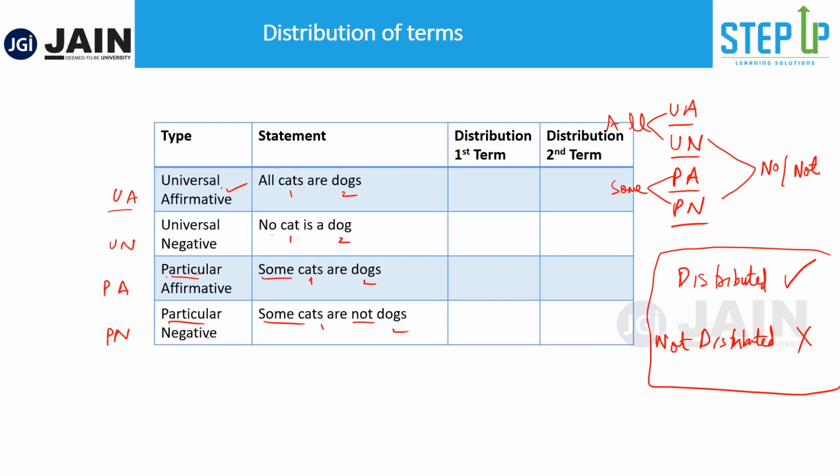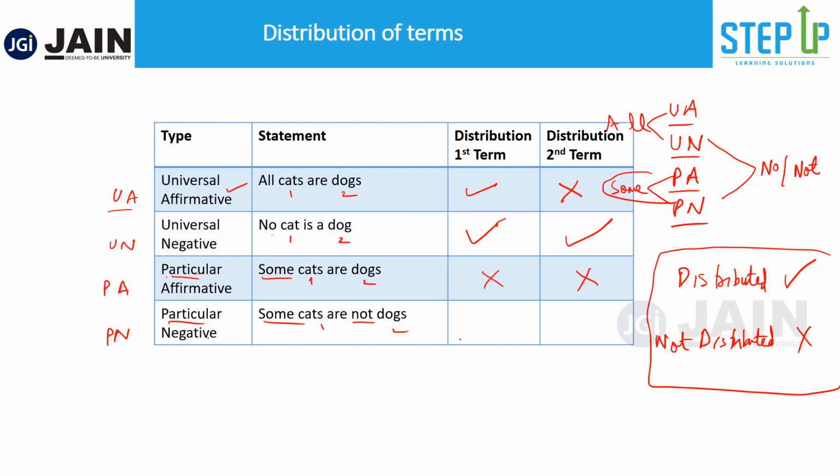So universal affirmative: every time you get a universal affirmative type of statement, the first term is distributed, the second is not distributed. Universal negative: first term is distributed, second term is also distributed. Particular affirmative: first term not distributed, second term also not distributed.